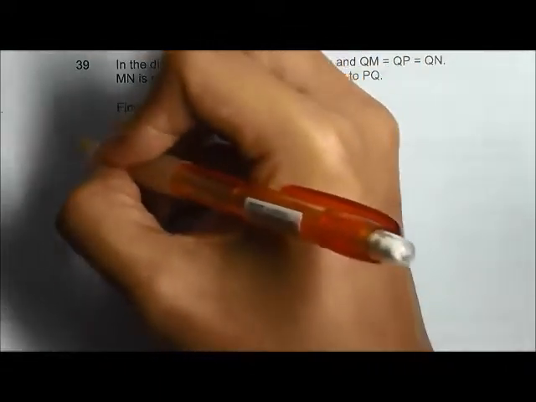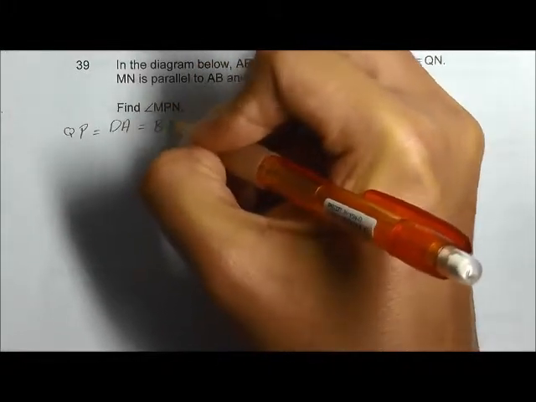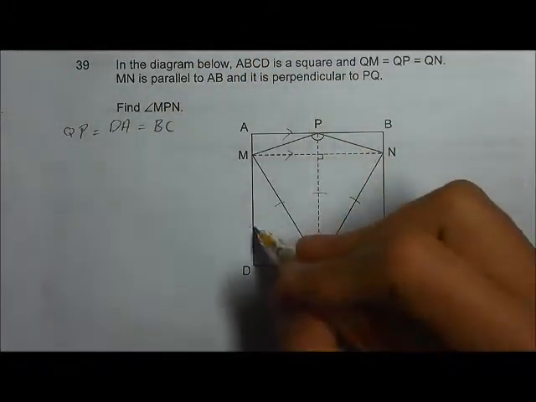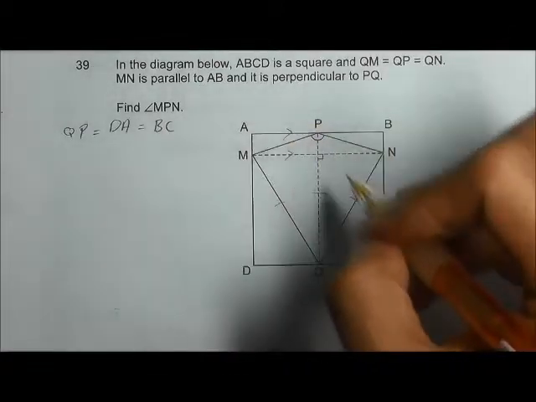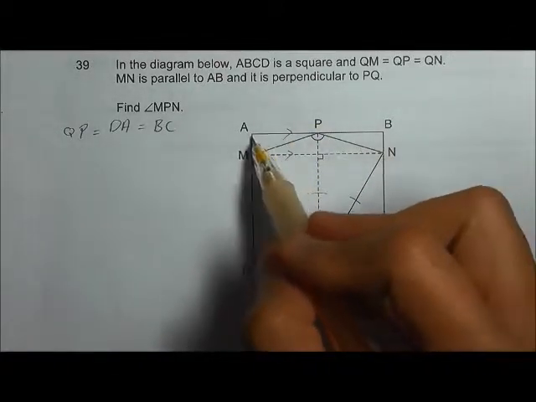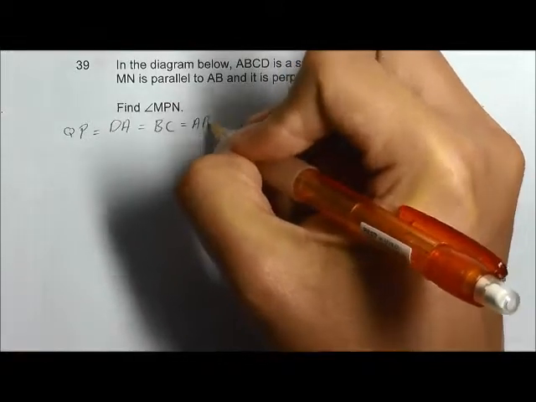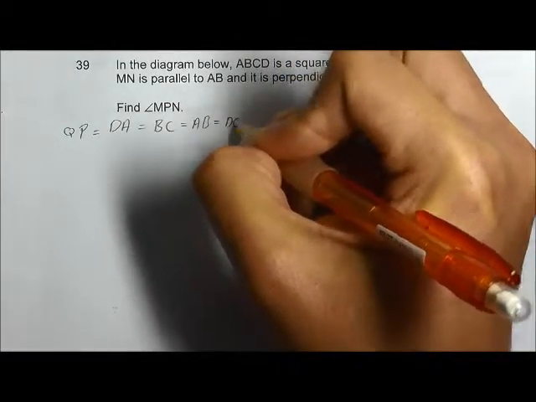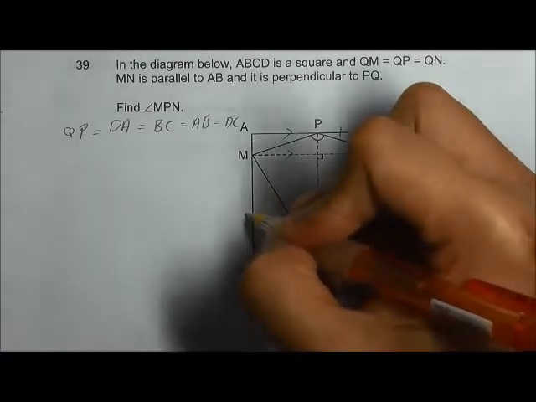So we can say that QP is equal to DA is equal to BC. And since ABCD is a square, it is also equal to AB and DC. So we can indicate all these are of the same length.